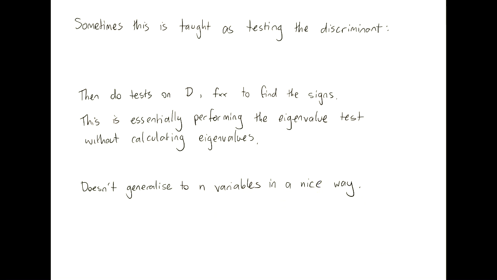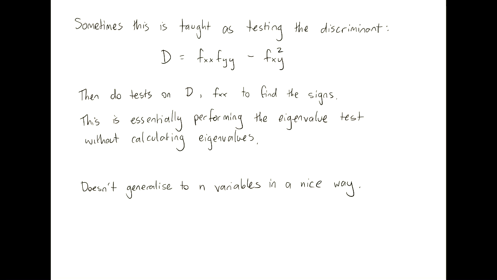Okay. So sometimes this is taught as testing the discriminant, some value called the discriminant, where they said D equals fxx fyy minus fxy squared. So you might have seen this before as the second order classification test.